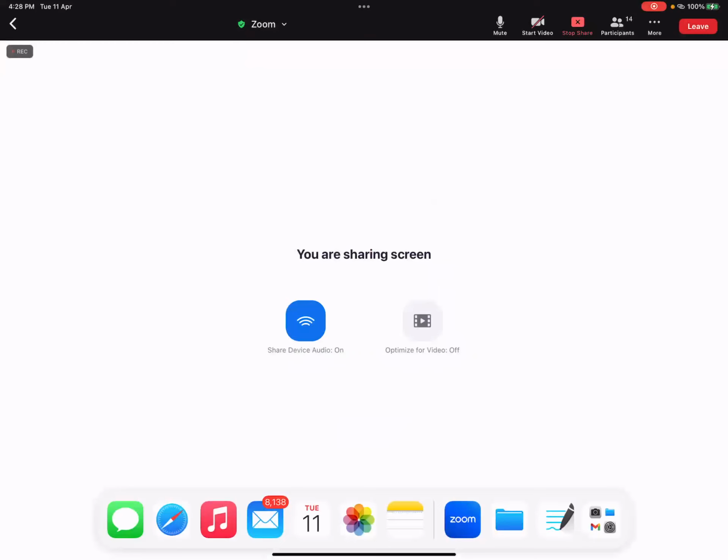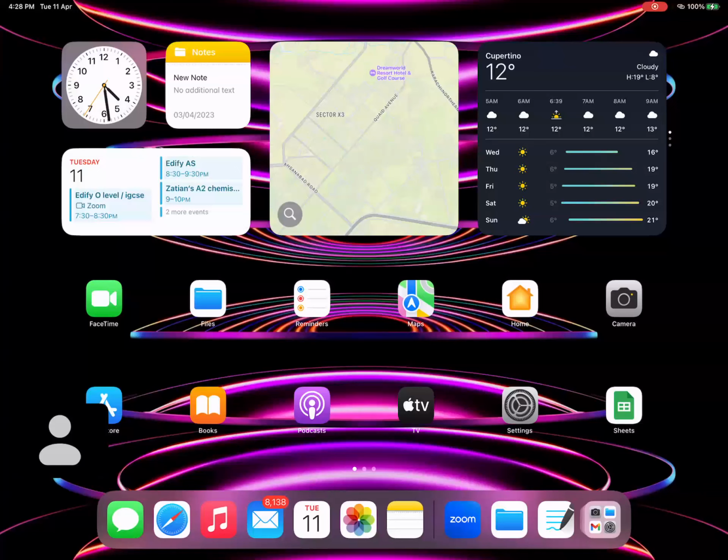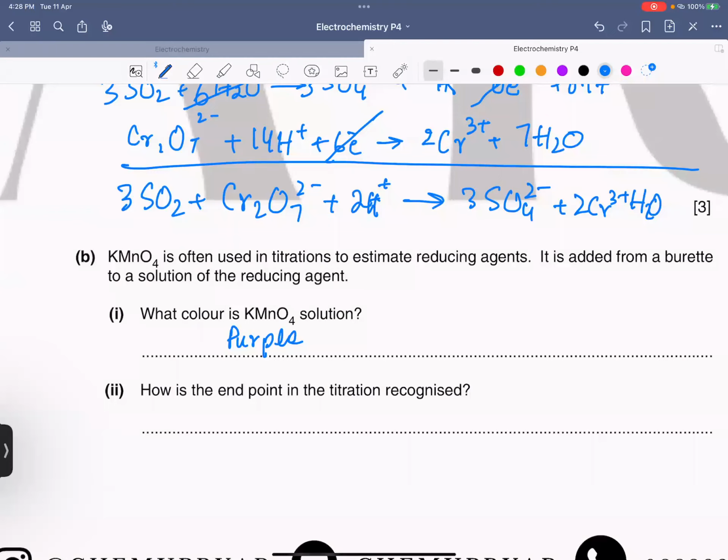What is the color change? What is the color? It's purple.